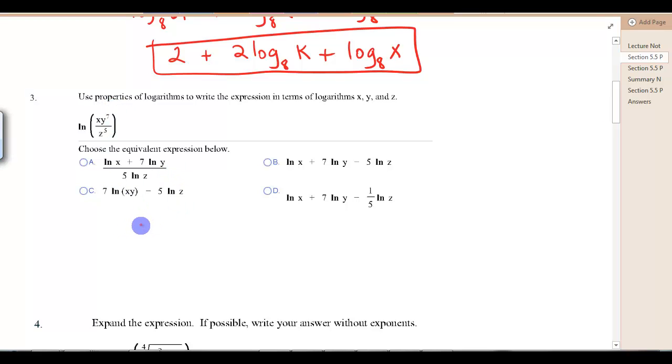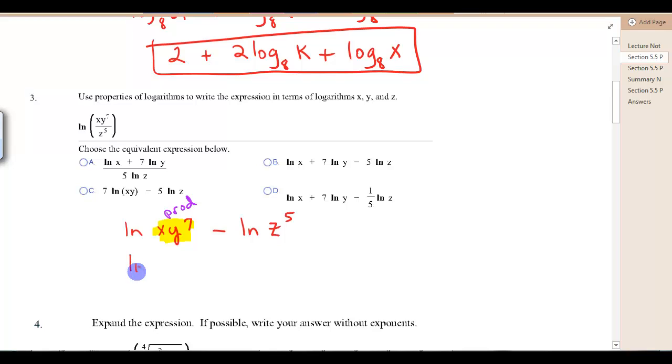Quotient first, so let's fix that. ln of xy to the 7th minus ln z to the 5th. Then we recognize that this is a product, so we're going to separate that into addition.